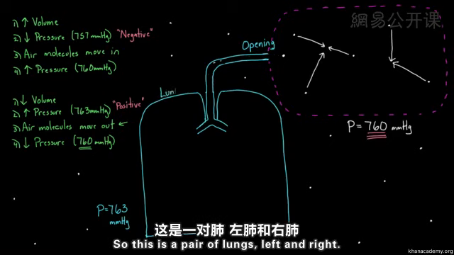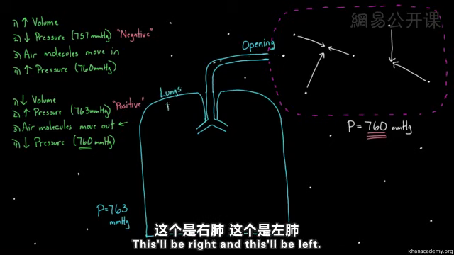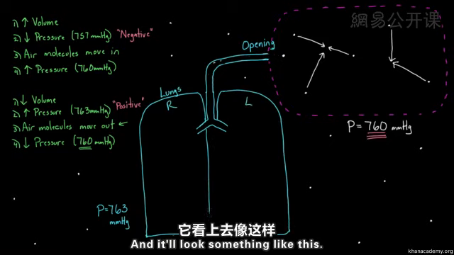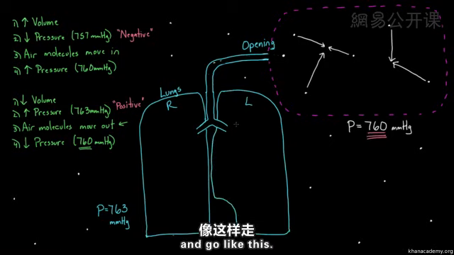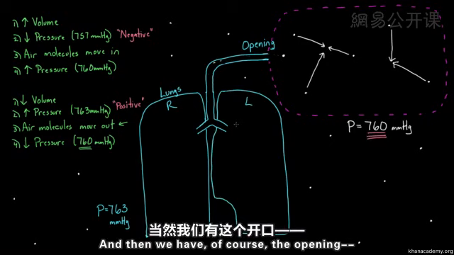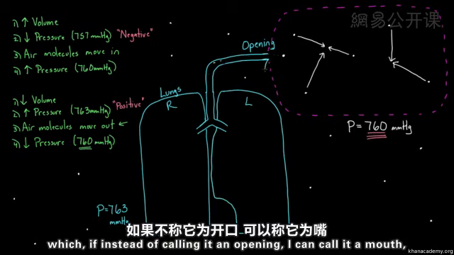So this is a pair of lungs, left and right. This will be right and this will be left, and it'll look something like this. And this one might go up like that around that cardiac notch and go like this. And then we have, of course, the opening, which if instead of calling it an opening, I call it a mouth.